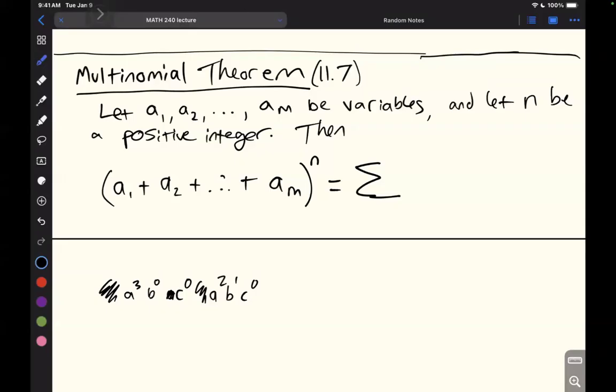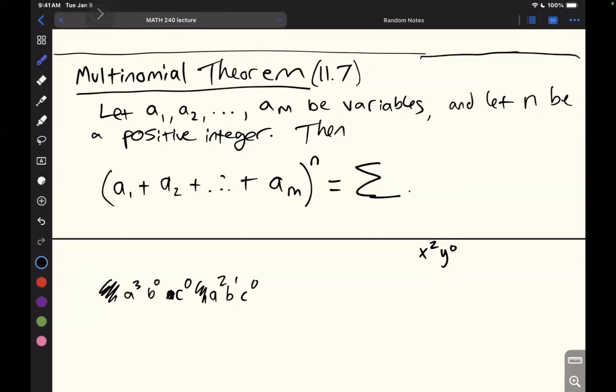So the result is we've got a, b, and c, and each of those is going to be raised to some power. This is the same as if we multiplied x plus y squared. We've got x squared and no y for the first term, right? There's some combination where we get some of one variable, and one or multiples or none of the other variable.